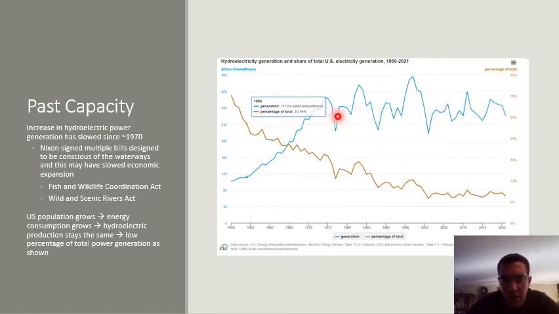I'd call that an average right there. And then the percentage of our total power consumption just keeps going down because our population's growing and our energy demand is growing. And so that's just a little bit of the nature of the beast.